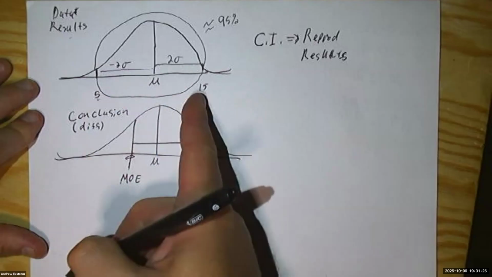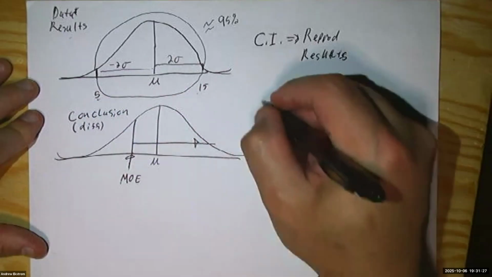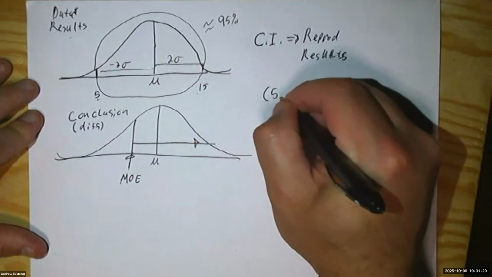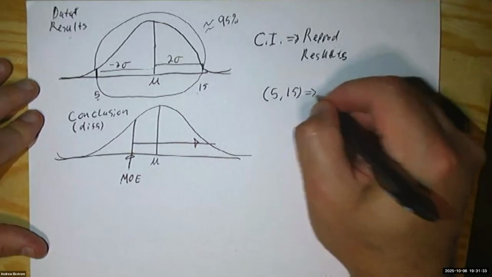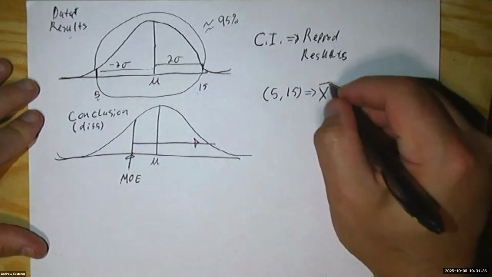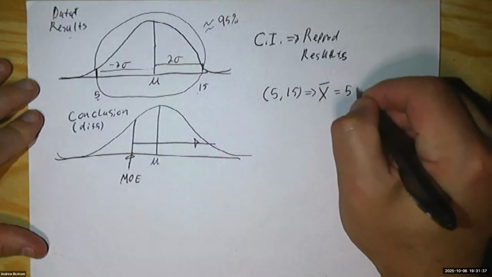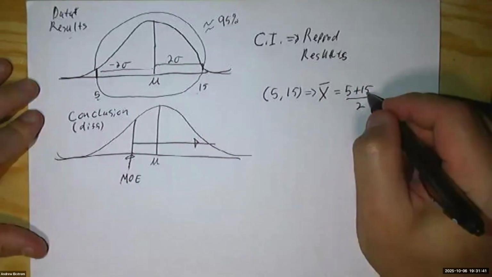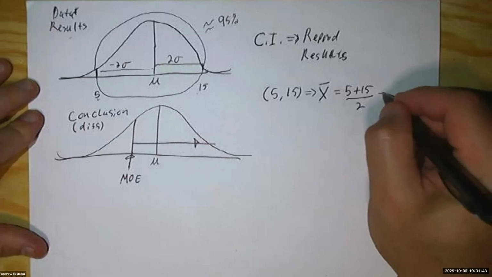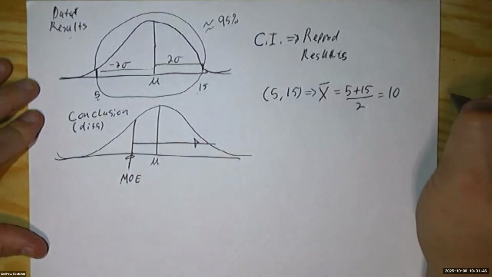So in the case of the data that I've got here, if I've got data that goes from 5 to 15, I can use that to get an average, to be 5 plus 15 divided by 2. 5 plus 15 is 20. 20 divided by 2 is going to be 10.